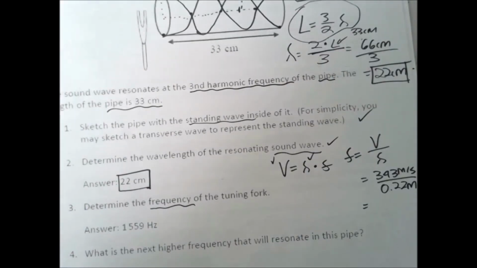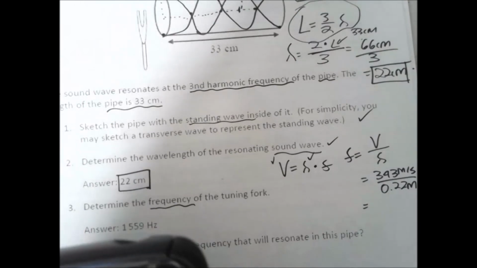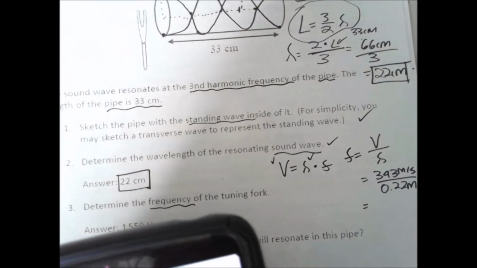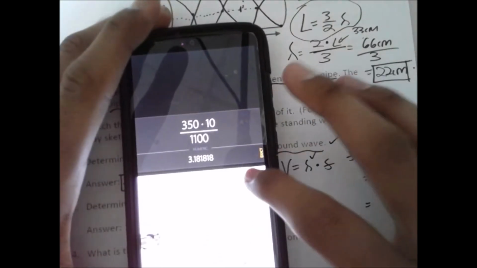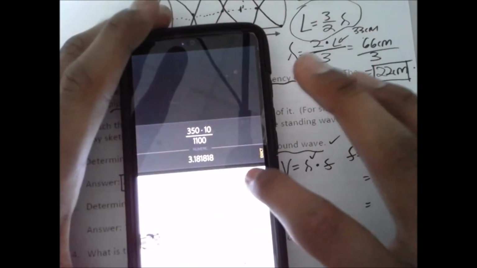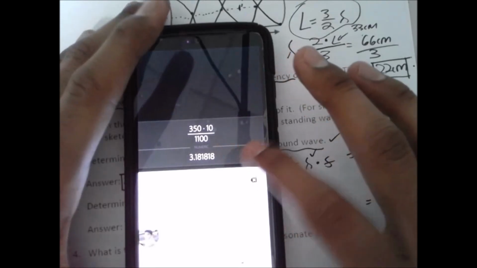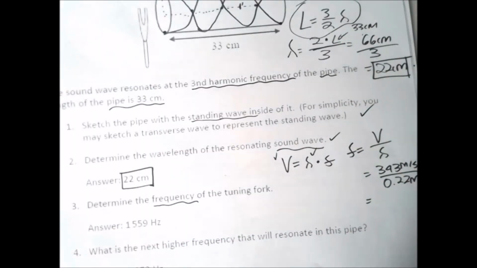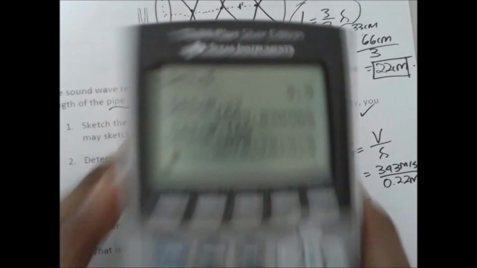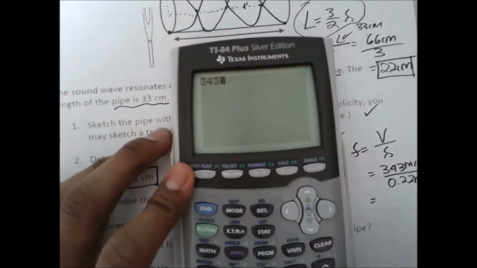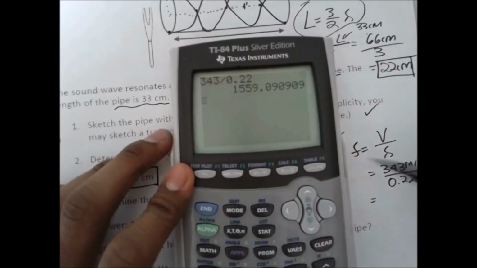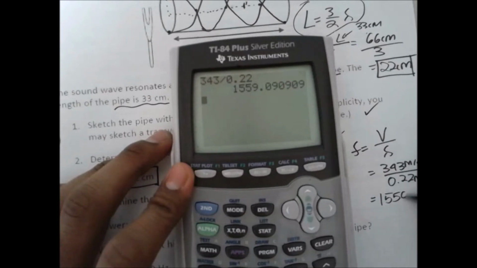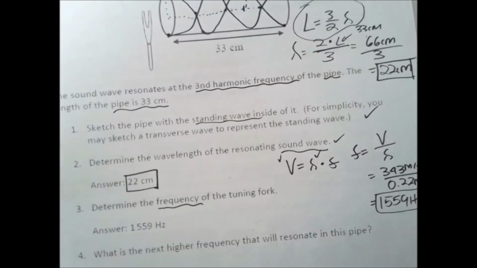So then the frequency has to be, cell phone calculator, you're not working as well as you should be. It should be 1559 hertz, which is in fact what we have here.